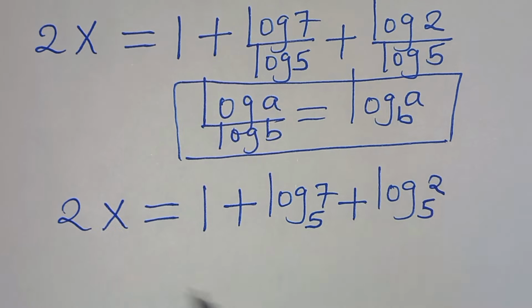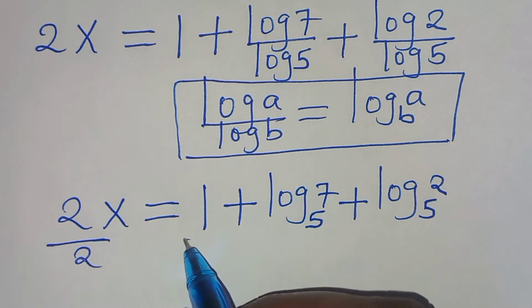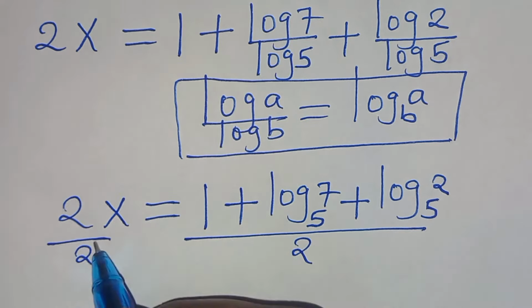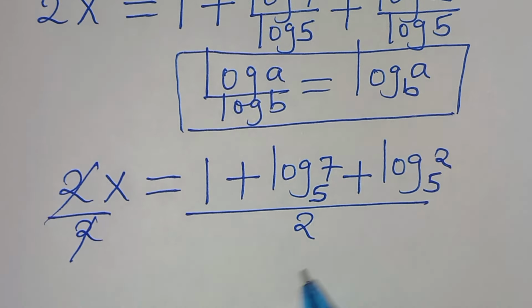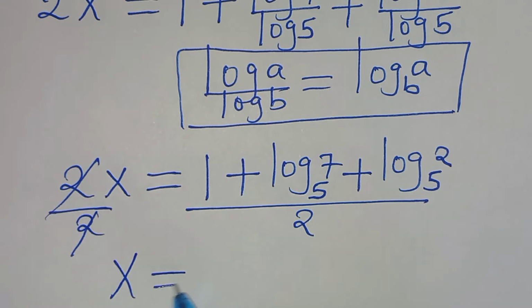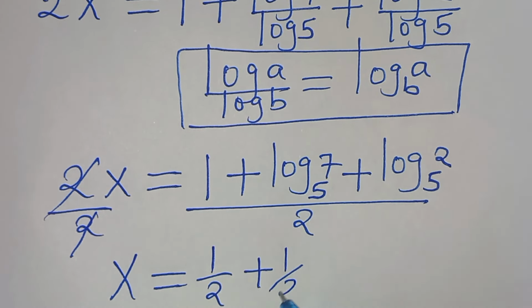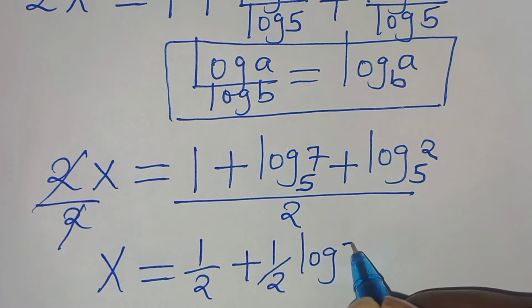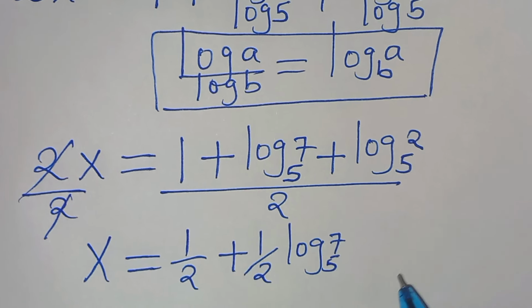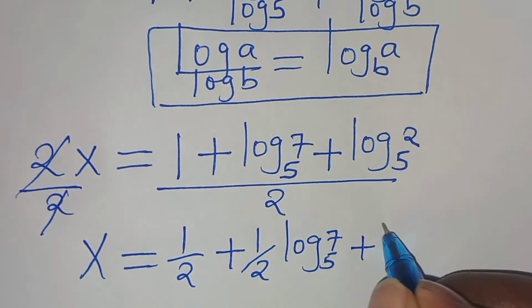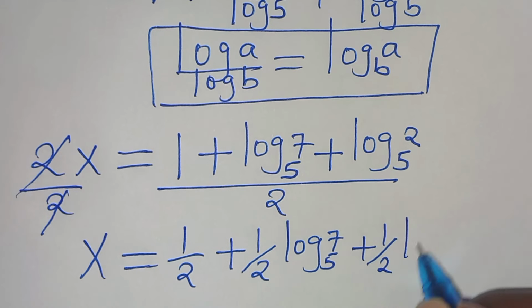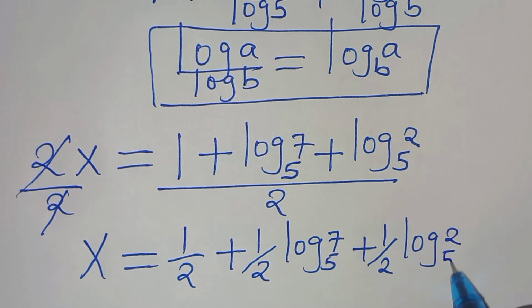The next step from here, let's divide both sides by 2, so that now we have here x is equal to, this is a half plus a half, this is log 7 to base 5, then plus a half log 2 to base 5.